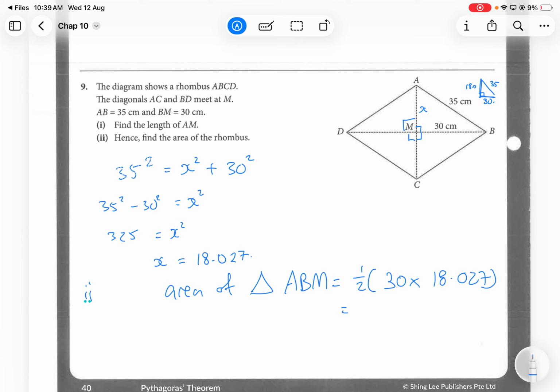Okay, then they want you to know that for a rhombus, the diagonals bisect each other. Meaning, if my middle is called M, AM has the same distance as MC. DM has the same distance as BM.